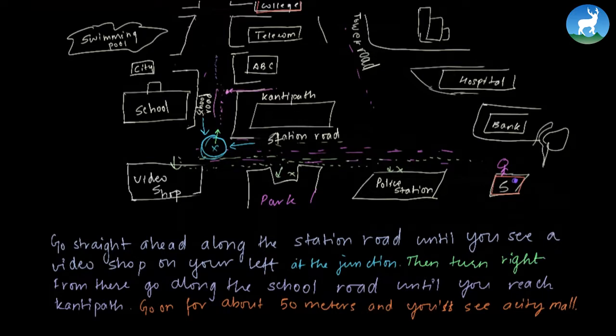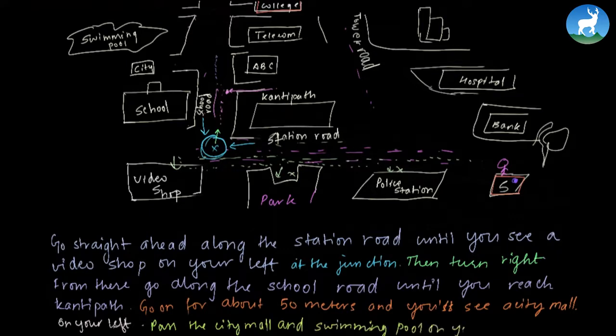So let me add on your left, right? On your left, pass the city mall and swimming pool on your left. So pass the city mall here and the swimming pool here on your left. Then take a right and you can see your college, right?